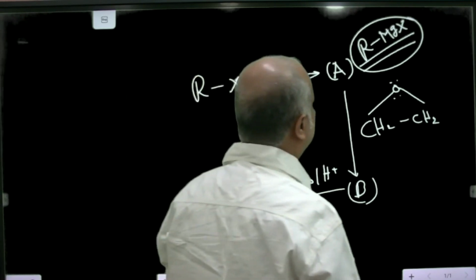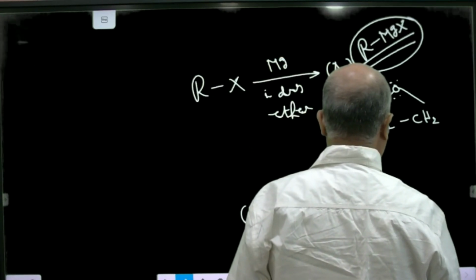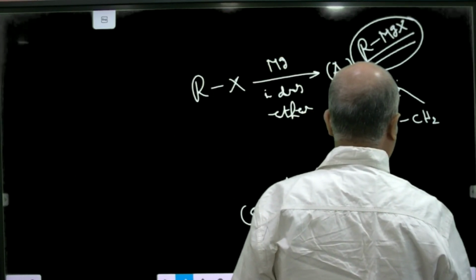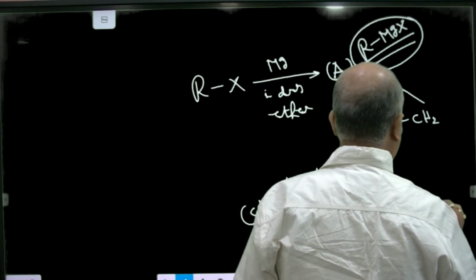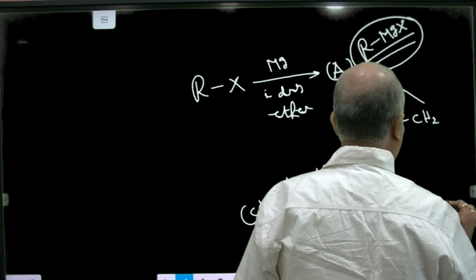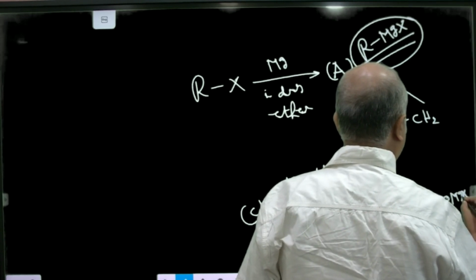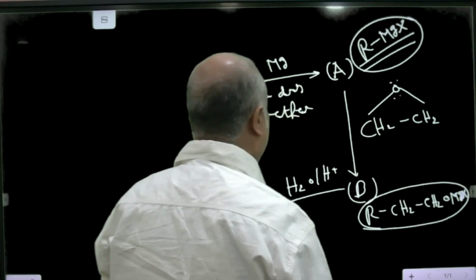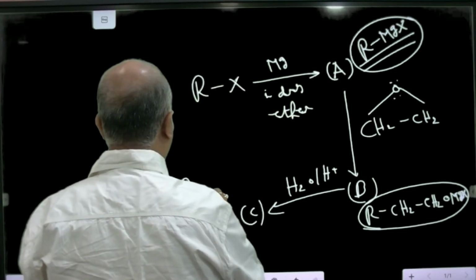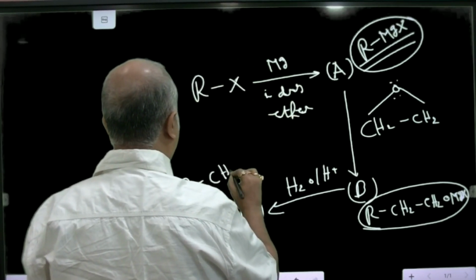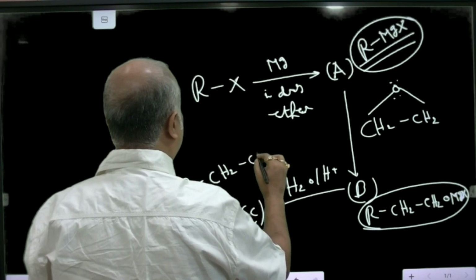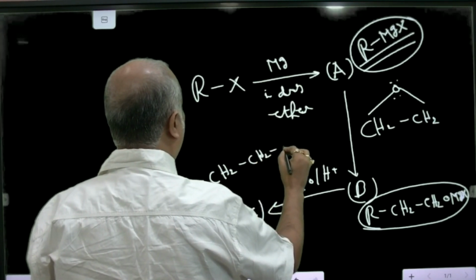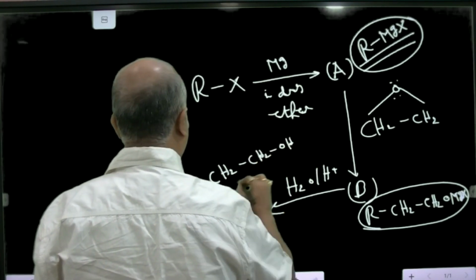After that, it will produce RCH2CH2OMgX, that is the addition compound. After the hydrolysis, RCH2CH2OH, that is primary alcohol.